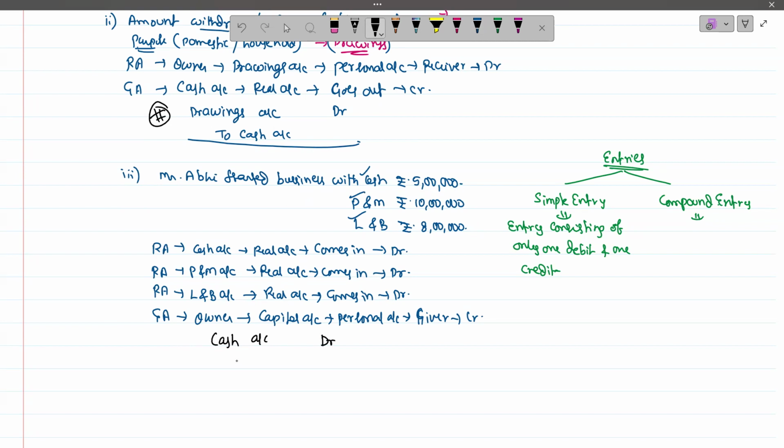So nothing but cash account debited to capital account. How much amount? 5 lakhs.